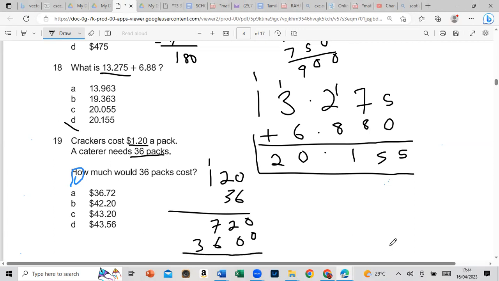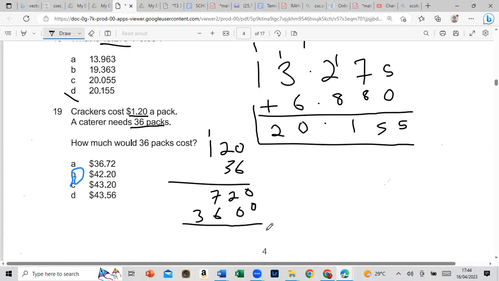Now we just add. 0, 2, 7 plus 6, 13, and that 4. But remember, we had 2 decimal places, so we put the decimal place. It is C. Good job.